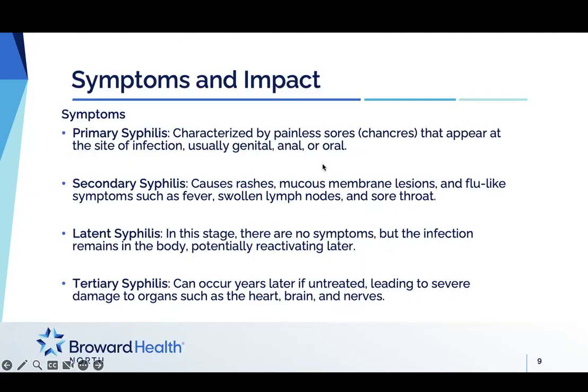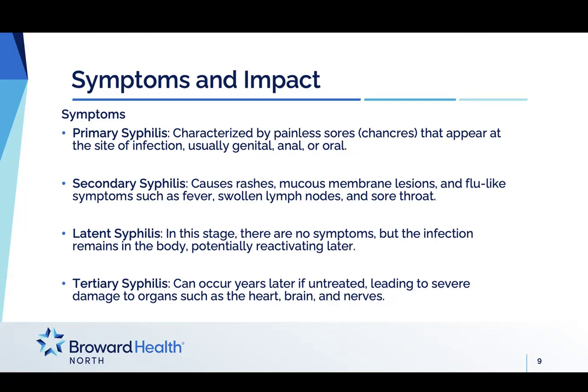Let's talk a little bit about symptoms and impact. Now we're going to start describing and seeing each of the stages. In general, primary syphilis, we're going to characterize it by the chancre, the appearance of that. It can be in any part of the genital, anal, or oral area, any mucosa. Secondary syphilis will come more with the rashes that they mention a lot, flu-like symptoms, B symptoms, fevers, swollen lymph nodes, and things involving more the mucous membranes too.